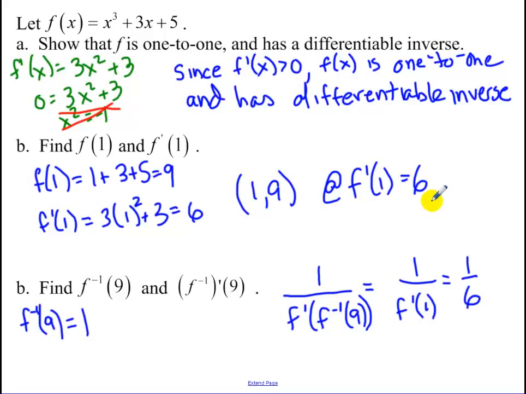Now when I found the inverse at the point (9, 1), because the x's and y's switch, the slope of the tangent line is the reciprocal.